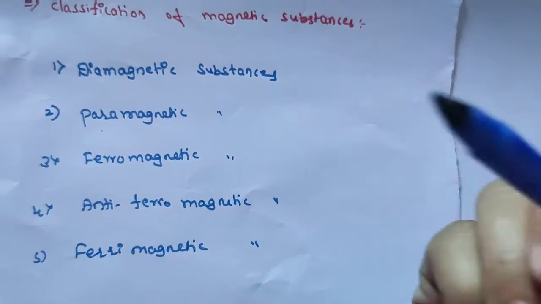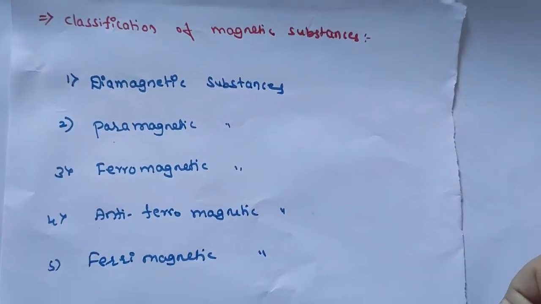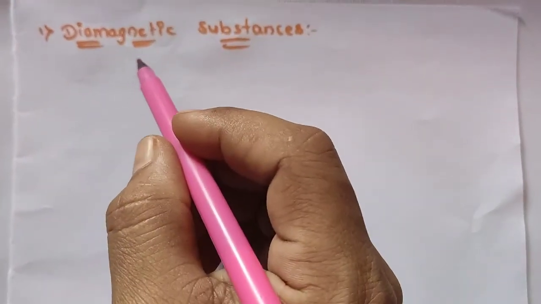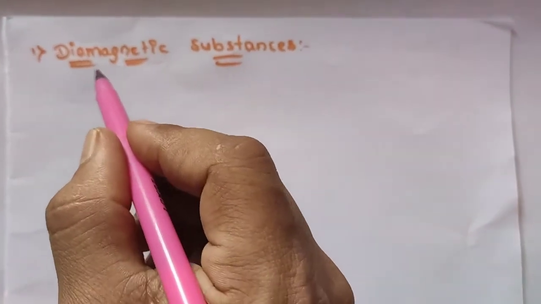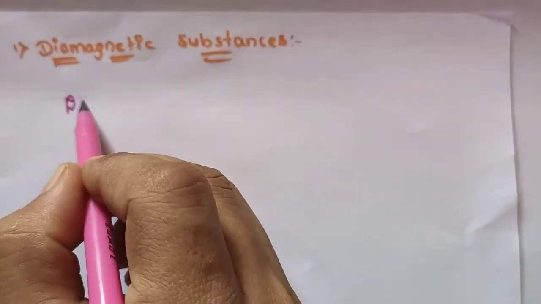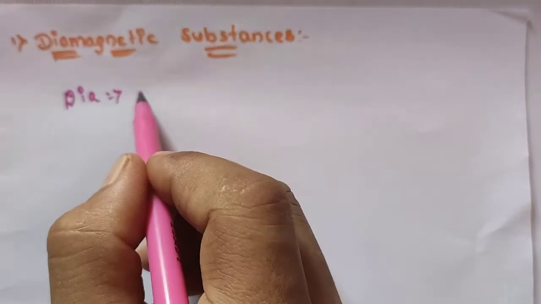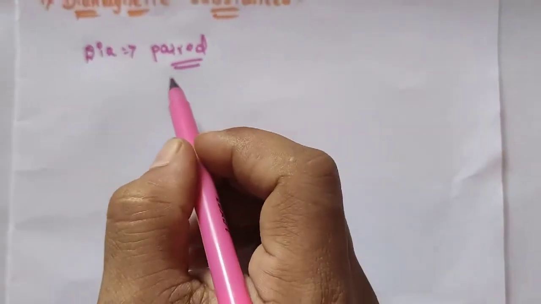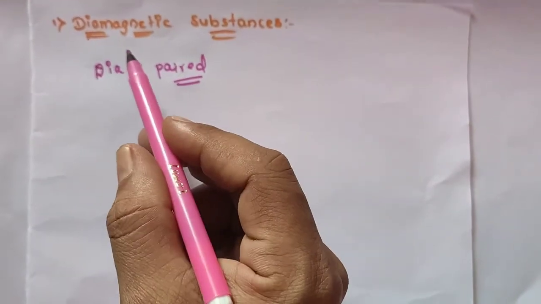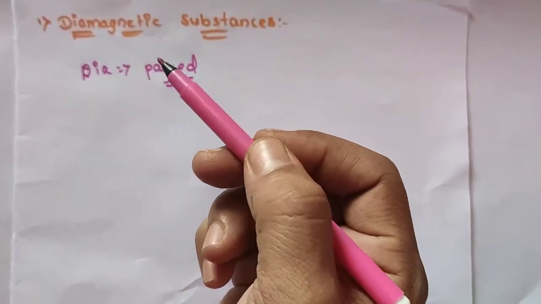The first one is diamagnetic substances. The name itself indicates that dia means paired. What are the concepts involved in diamagnetic substances?